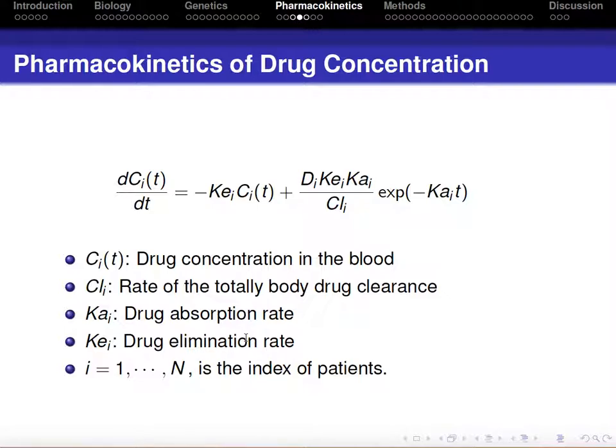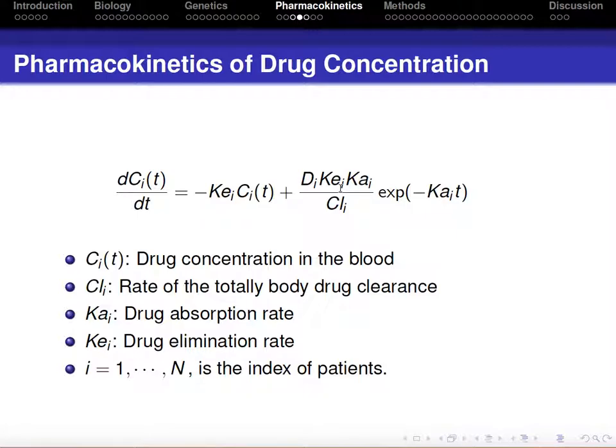Basically, we can imagine for each subject, they will have their own drug absorption rate and drug elimination rate, right? It really depends on their body's reaction to these drugs. In other words, every subject will have their own values for Ka and Ke, these parameter values.